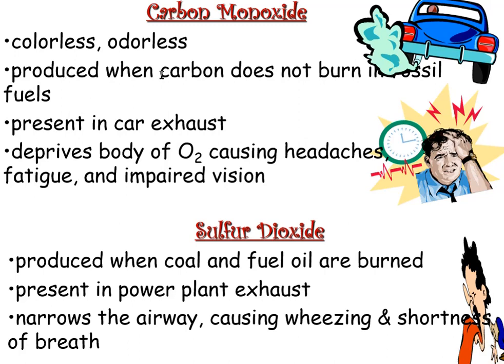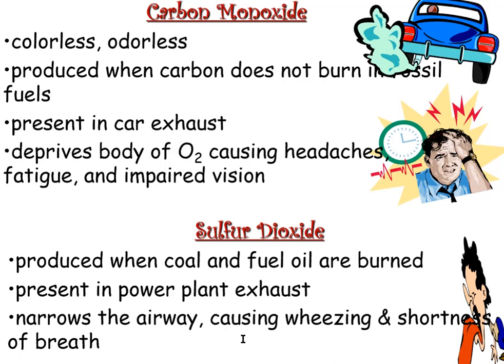Generally it is produced when carbon, like in the vehicle or in fuel burning, does not burn properly, so it will not produce carbon dioxide, it will produce carbon monoxide, which is more reactive and poisonous. It is present in car exhaust if the fuel is not burning properly, and it will damage our body, causing headache and fatigue, so you cannot think properly, you cannot see properly. So this is the problem with carbon monoxide.